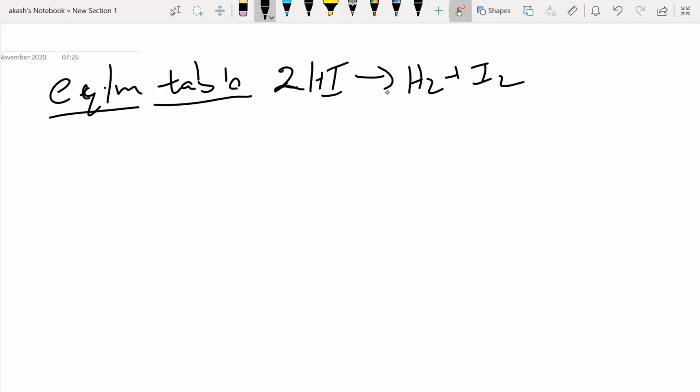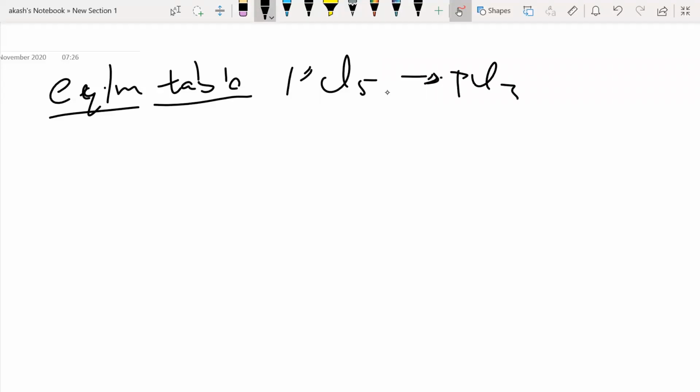Or let me take an easier example for now. This is also an easy example, but the 2 and all comes. I don't want any stoichiometric coefficients. Let me take the PCl5 example. That's a good example. So I have PCl5 giving PCl3 plus Cl2. Now this reaction they have given to me.